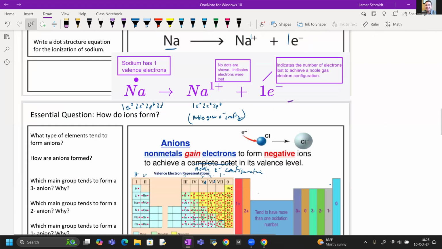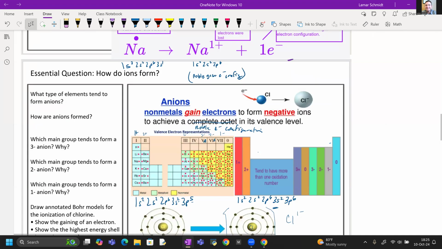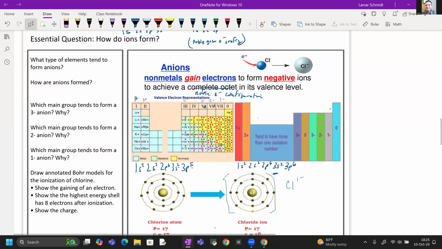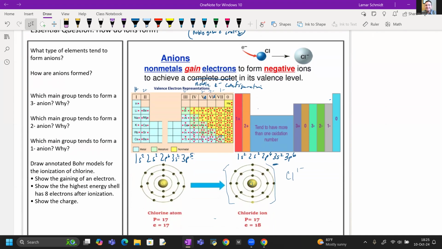Now we're going to move on to anions. Now, how do anions form? So what type of elements tend to form anions? Anions are formed by nonmetals. Nonmetals tend to gain electrons. Now, when something gains an electron, remember electrons are negative.